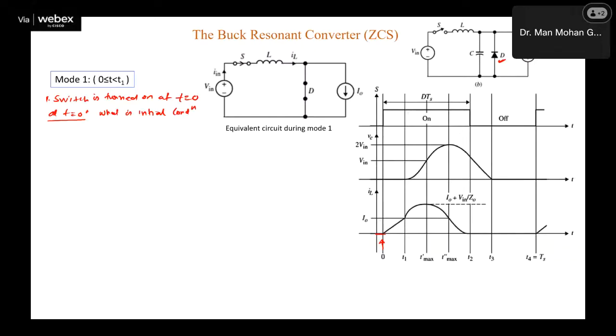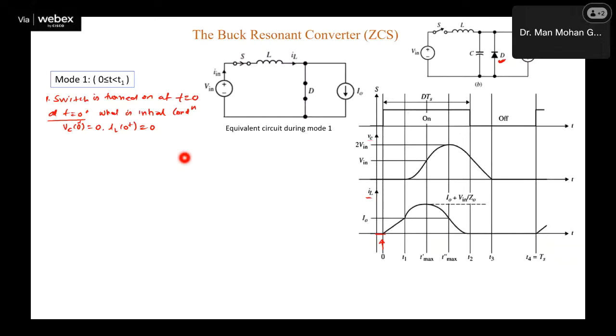This diode was conducting. So when the diode was conducting, what is the voltage across the capacitor? So at 0 plus, what is the capacitor voltage? 0. And because the switch was off, it is just turned on, definitely inductor current will be 0. So we can see here this is inductor current, which is 0, and this is capacitor voltage, which is also 0.